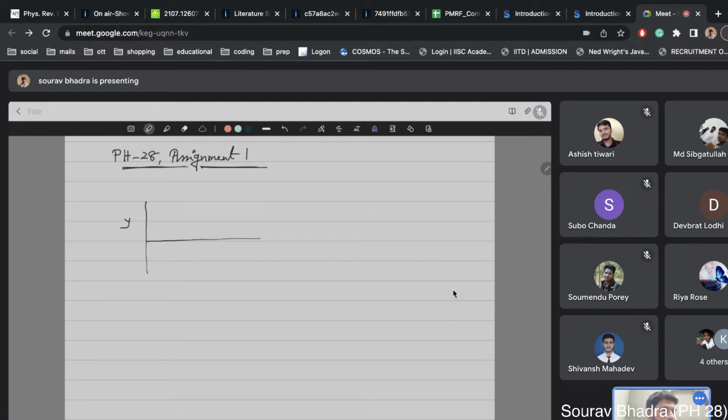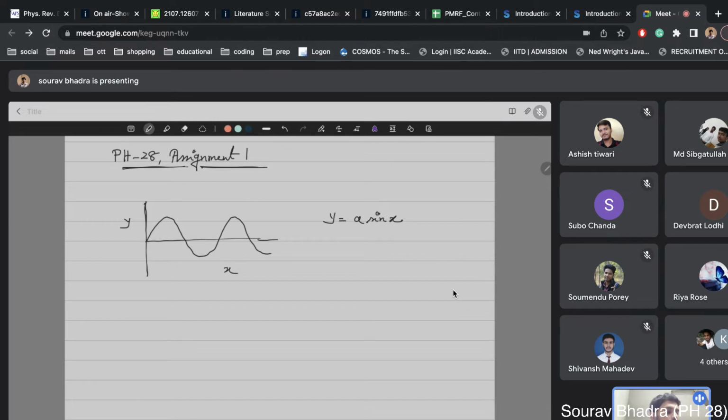For a sinusoidal curve, this is y, this is x, and this is the sinusoidal curve. Don't pay attention to my drawing, it is just to give you the idea. Let's say y equals a sine x. This is a 2D plot, but y is related to x.